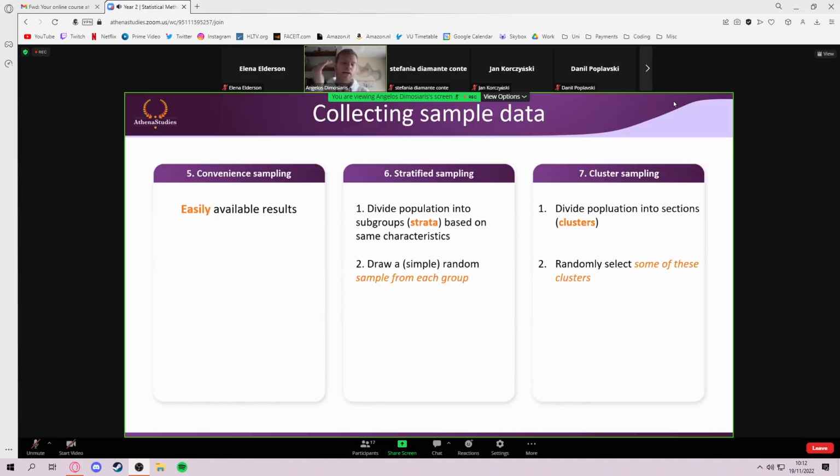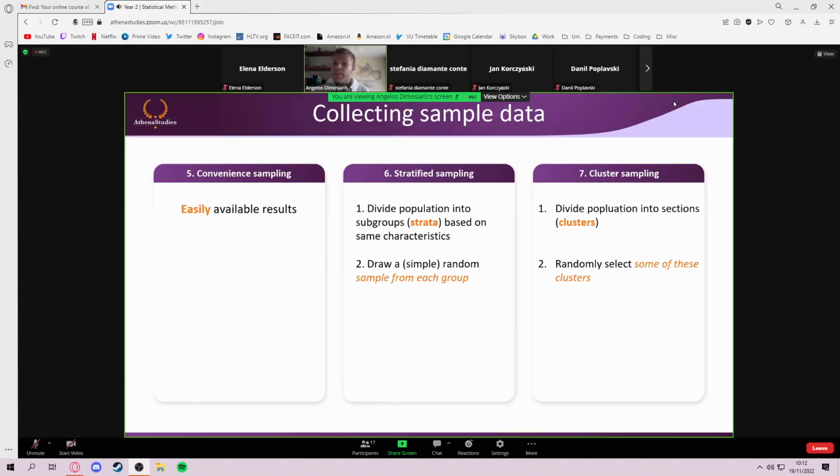So let's say that we have a population, like the Dutch population, and we want to divide that into different strata. I don't know, based on gender, income, and if they live in big cities or in rural areas. And then you draw some people from each of the groups.